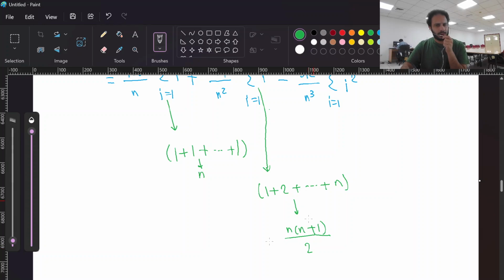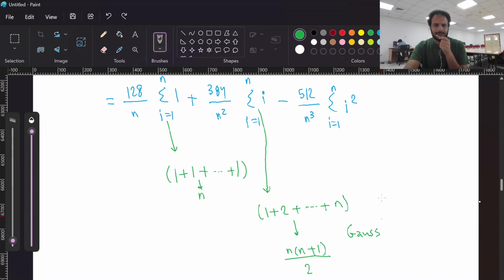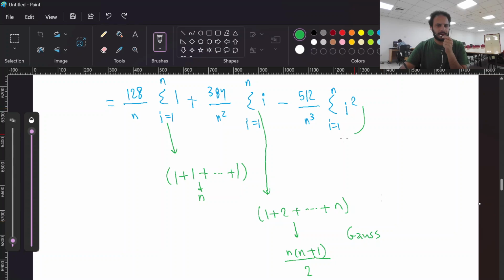Do you know who found this formula? Gauss. Yes, he was very smart. He was a kid. His teacher asked them to add 1 plus 2 plus up to 100, and he solved it within a few seconds using this formula. So he was very smart. Now what about the summation of squares? 1 squared is 1, plus 4, plus up to n squared.